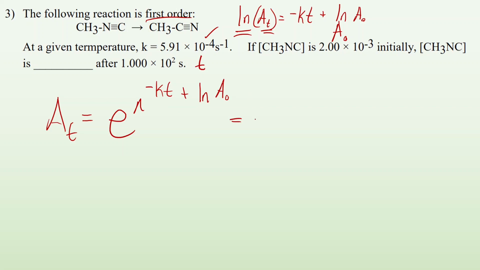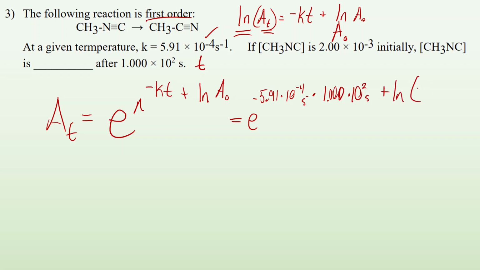So we have e to the negative 5.91 times 10 to the minus 4 per second times the time of 1.00 times 10 to the 2 seconds plus the natural log of the amount that we started with.